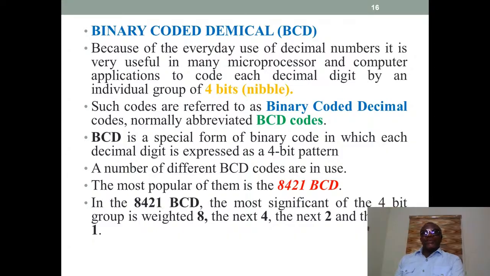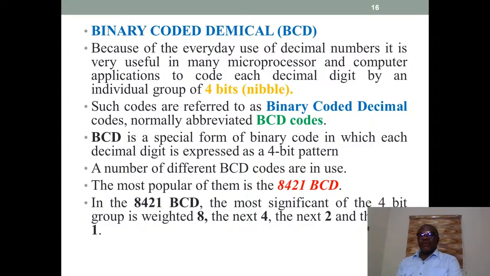Because of the everyday use of decimal numbers, it is very useful in many microprocessors and computer applications to code each decimal digit by an individual group of 4 bits, or nibble. Such codes are referred to as binary coded decimal, normally abbreviated as BCD codes.